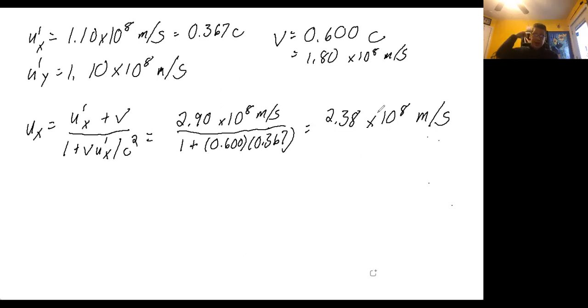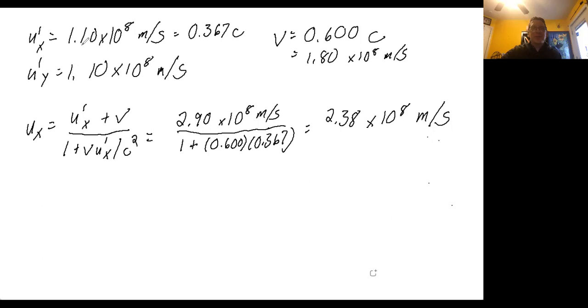So the moving person moves more slowly relative to O than she does to O primed. Actually, no, excuse me, she moves more quickly relative to O primed.